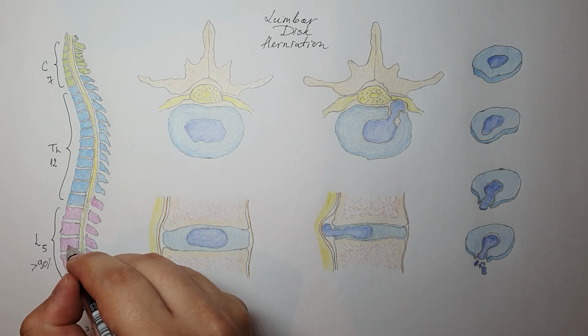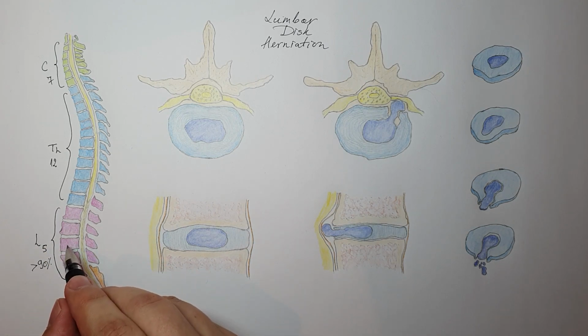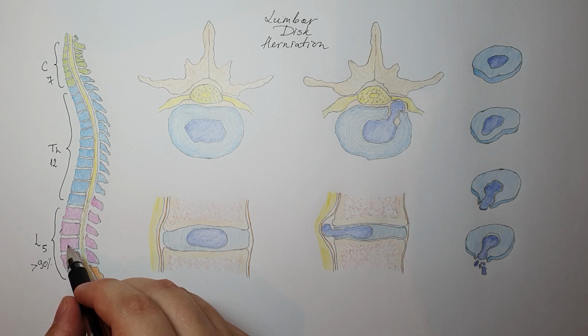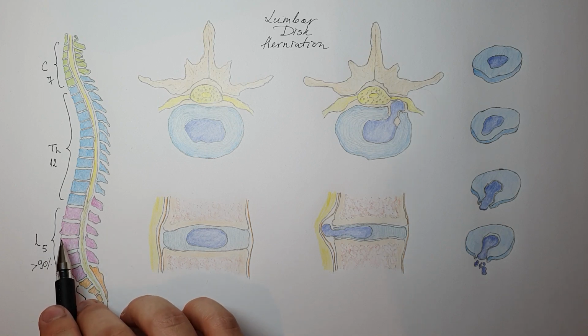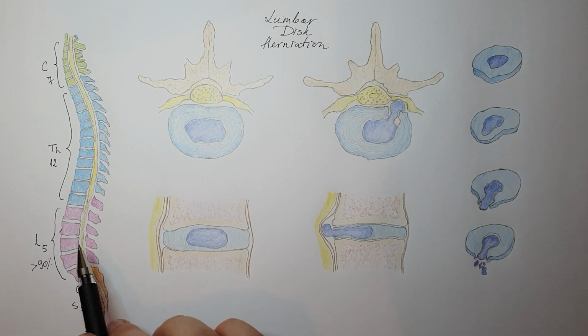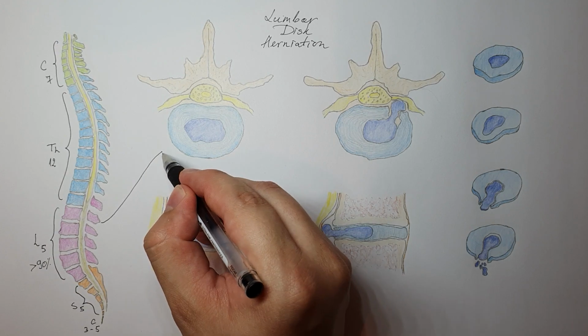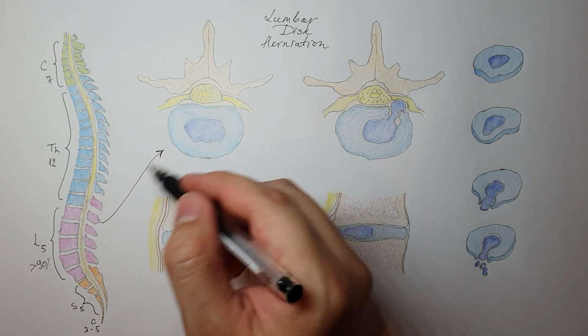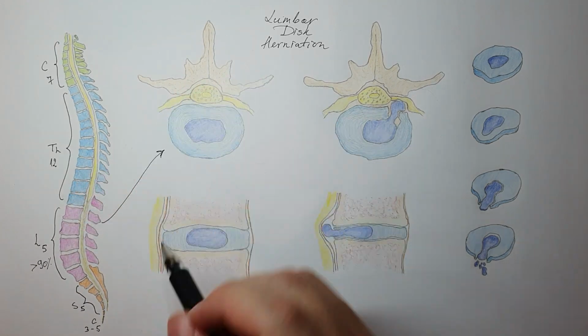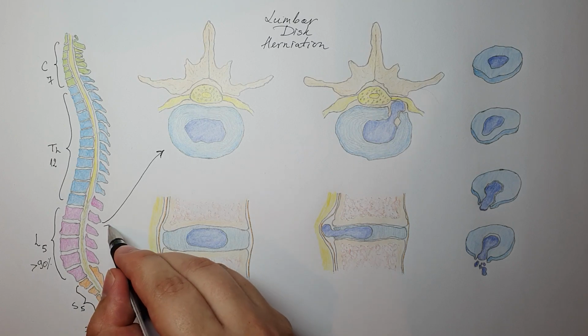So this would be a lumbar spine vertebra, and between them is this intervertebral disc. We will enlarge this here from a bird's eye perspective, so if we look from above, and here from the side perspective.